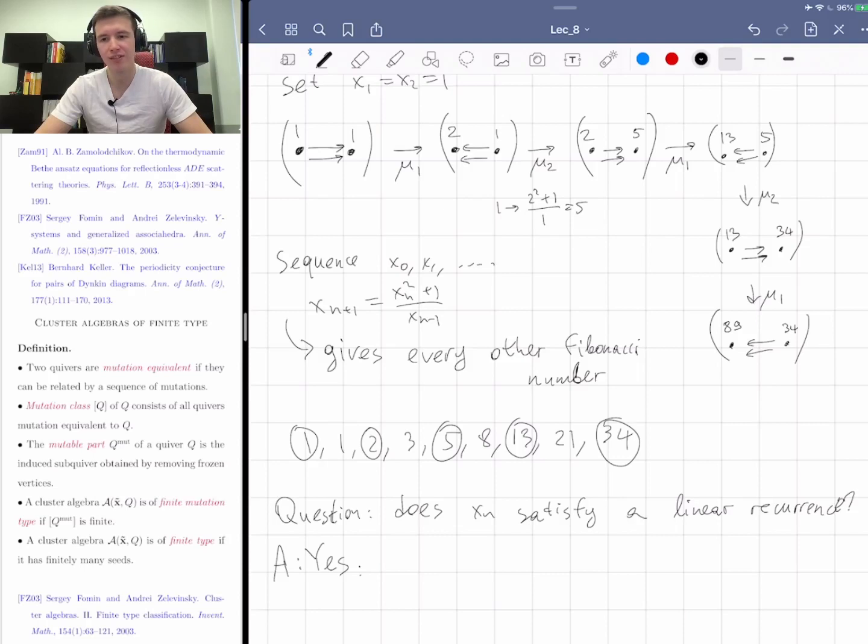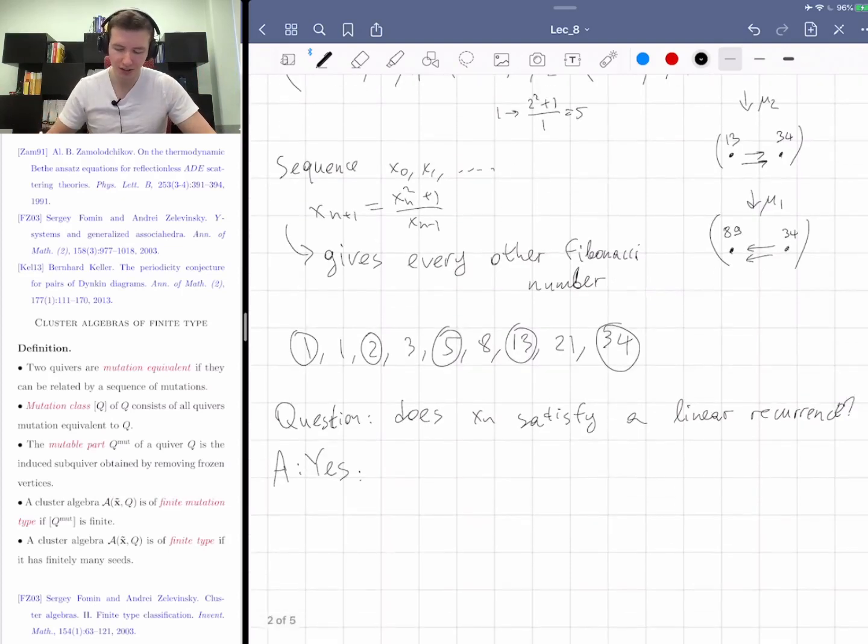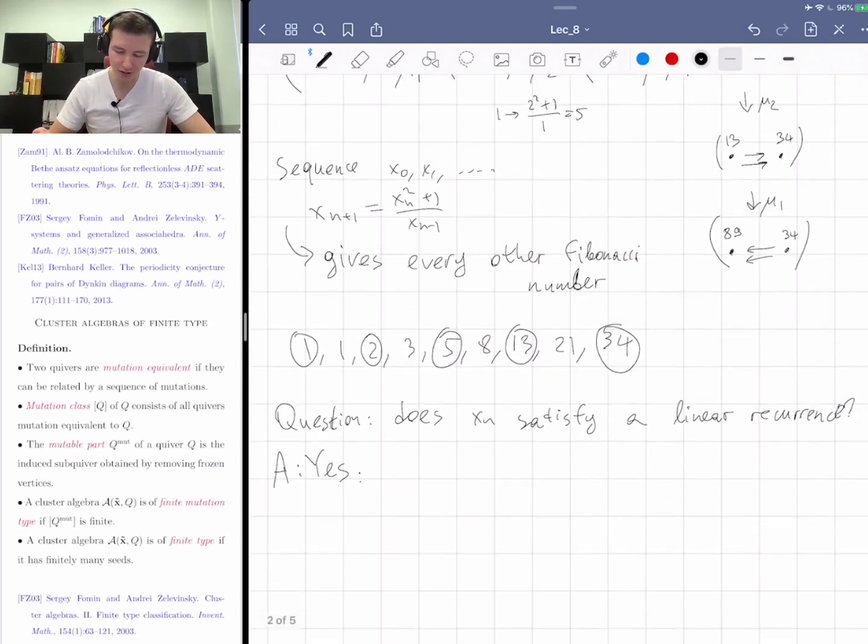Okay, yeah, that's true. That's a general fact. If you take a linear recurrence and you take every second term, then that's not completely trivial to see for general recurrences, but here, the answer is yes. And okay, can somebody tell me the recurrence? 34, 89. Could you say again?